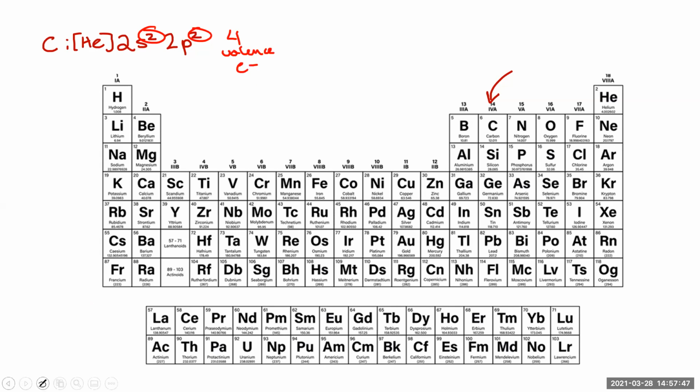And since it's got 4 valence electrons, it wants to complete that outermost electron shell by sharing 4 more electrons. Okay, so in general, carbon and the atoms beneath it, carbon and silicon right here, based on where they are in the periodic table, generally wish to share 4 more electrons.